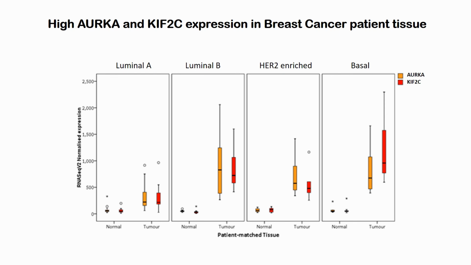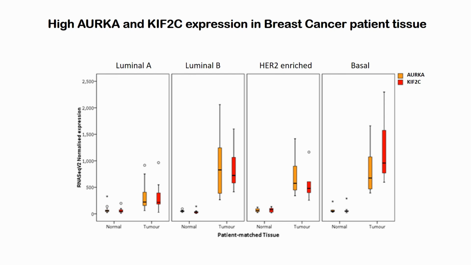So we only looked at those samples which have matched normal and tumor, and we compared the expression of AURKA and KIF2C, AURKA in yellow and KIF2C in red. They seem to move always together, but the most important thing is that there is an increase in these markers when comparing normal to tumors. So that was already very interesting to see.